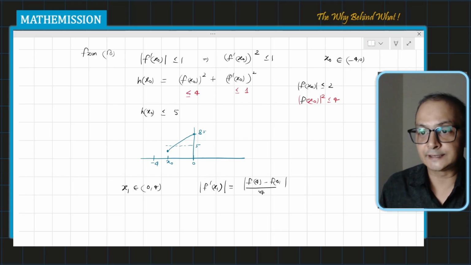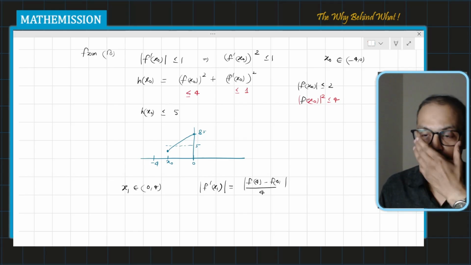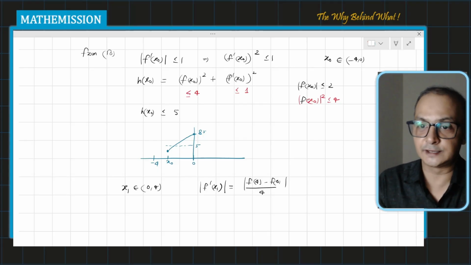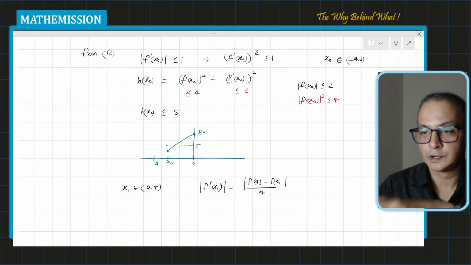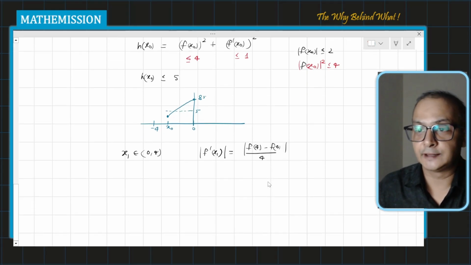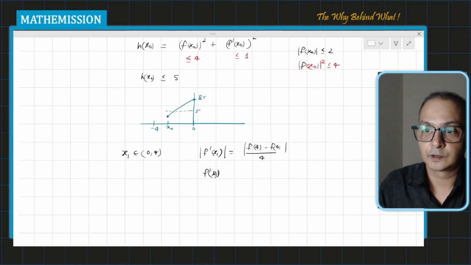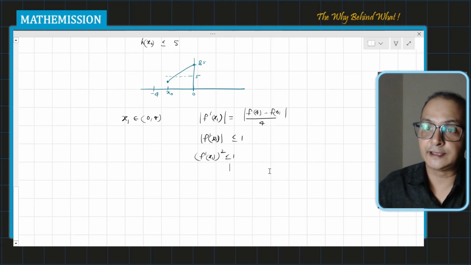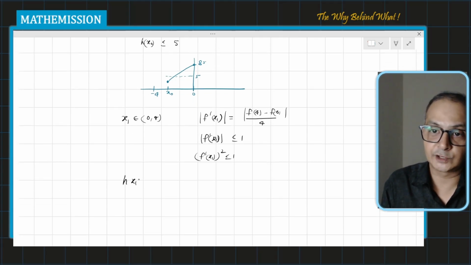You can again see that f(4) minus f(0), the absolute value of the difference, is lesser than or equal to 4, and that's why this will give you again mod f dash(x1) lesser than 1. Therefore f dash(x1) square is also lesser than 1, and by the same logic I can say that h(x1) is also lesser than or equal to 5.